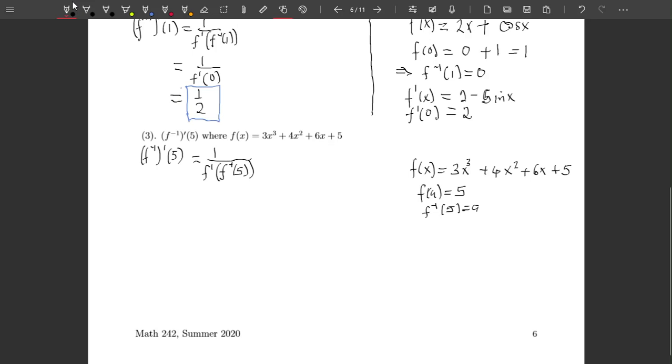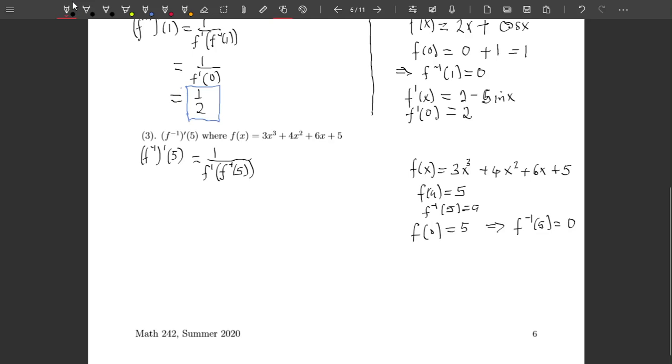Now clearly, from observation, you see that if you plug in the value 0 for x in this function that is given, you're going to get 5. So that means my f of 0 is equal to 5. So I'll write that here. F of 0 will be 3 times 0 plus 4 times 0 plus 6 times 0 plus 5, which is equal to 5. That tells me that my f inverse of 5 is equal to 0.